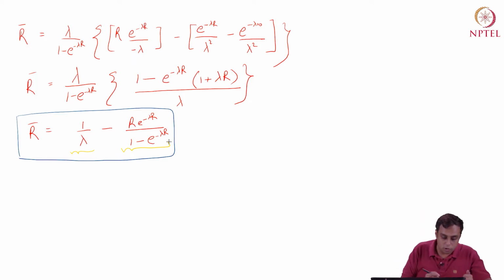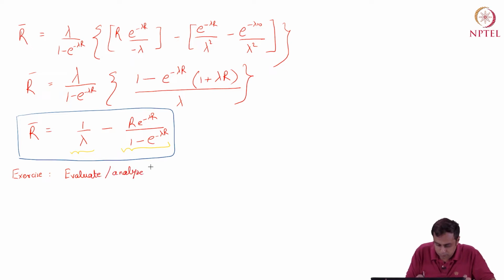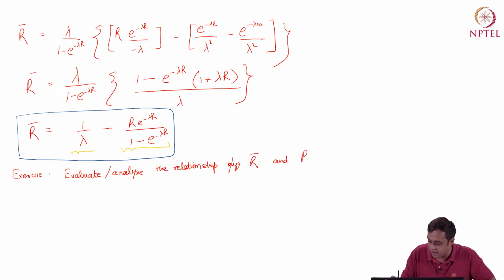So an exercise that naturally follows is to evaluate or analyze the relationship between R bar and this finite radius of the city, R.